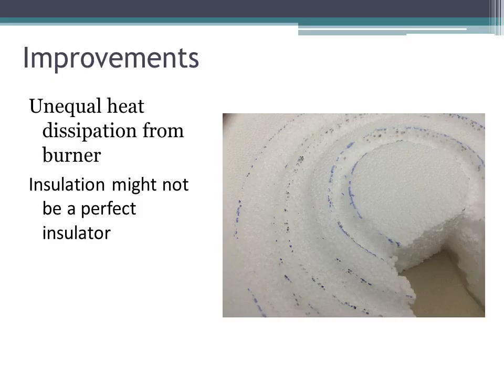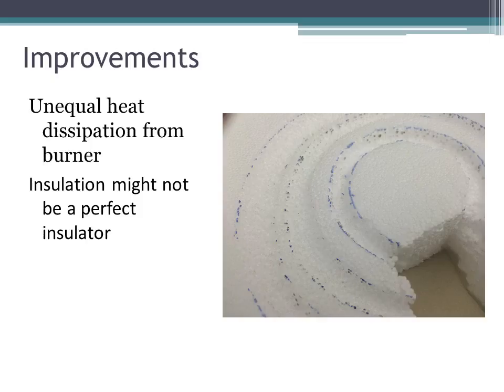Some improvements we would make for this lab, had we been given everything that we needed to do it 100%, is to make sure that we had a coil or some type of resistance heating that had uniform heat dissipation. At the end of our lab, we turned the heat up all the way, and we noticed that it affected the Styrofoam.